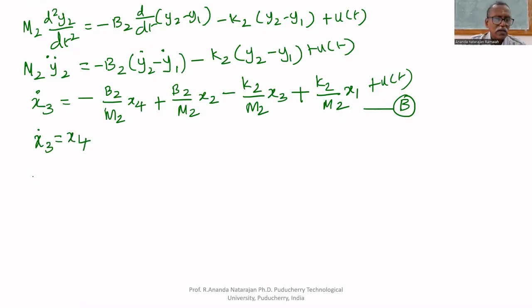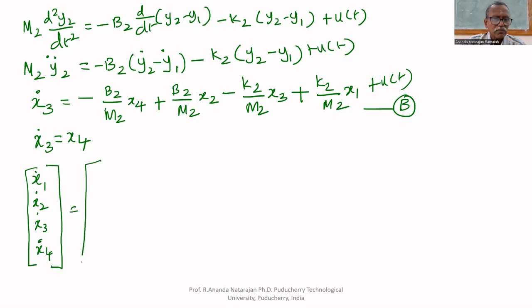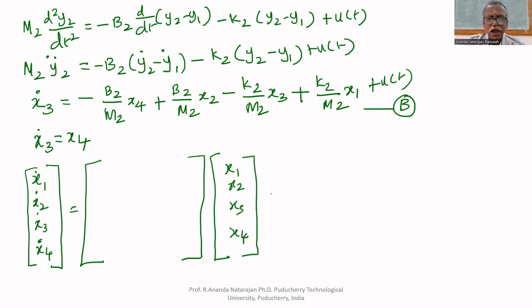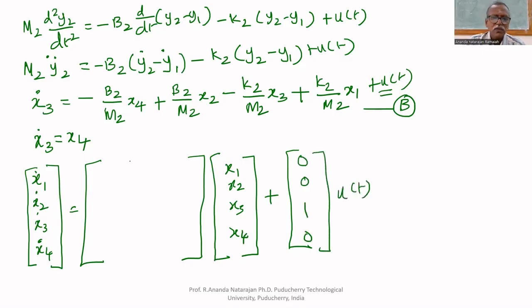Now put all together in matrix form: x1 dot, x2 dot, x3 dot, x4 dot equal to the matrix times x1, x2, x3, x4, plus u. U is in the third equation only, in the x3 dot only. Therefore, we can put 0, 0, 1, 0 times u of t.